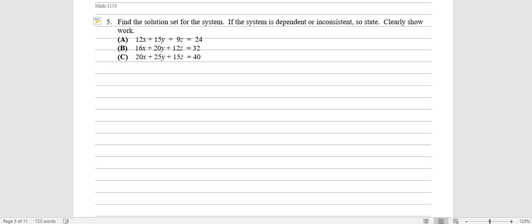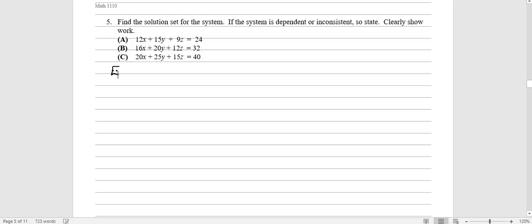Let's take a look at exercise 5 here in this worksheet. We want to begin by deciding on a variable to eliminate, and I'm going to choose to eliminate z.